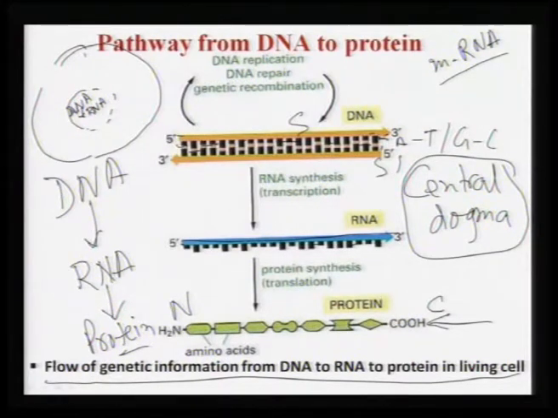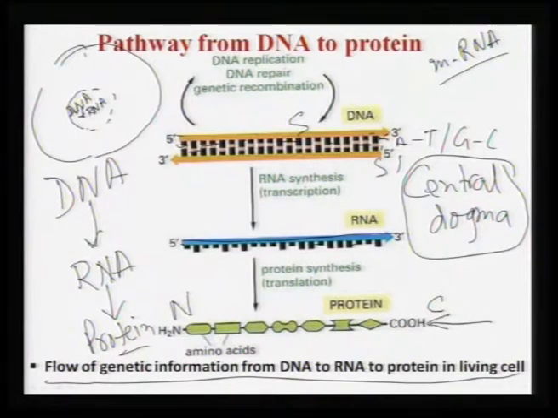Once this RNA is synthesized, that is once it is transcribed, it goes through certain processing stages which is known as RNA splicing. RNA splicing means the simple RNA is processed to a more refined form called mRNA before this mRNA goes outside the nucleus to the cytoplasm.